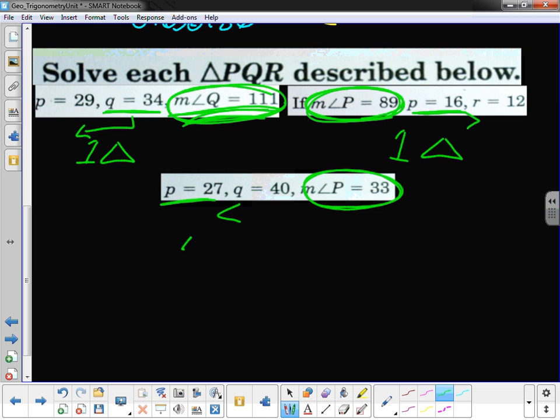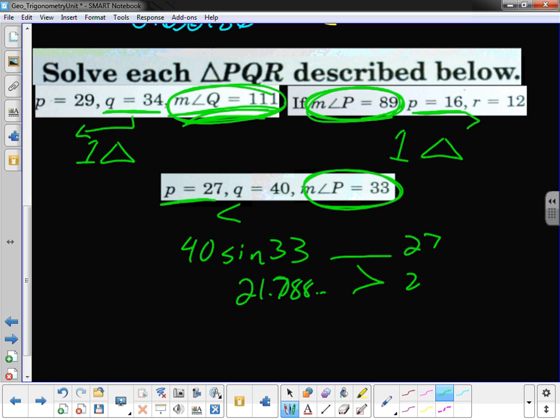So now I've got to take 40 times the sine of 33 and see how that compares to 27. 40 times the sine of 33 is 21.788, which is less than 27. So that means we get two triangles in this problem.